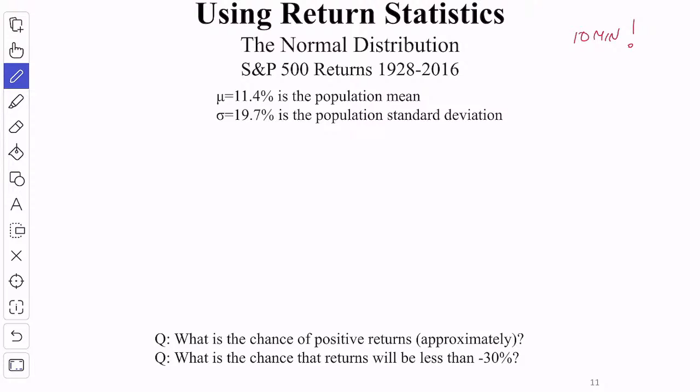You're going to draw this. You draw it as a normal distribution.